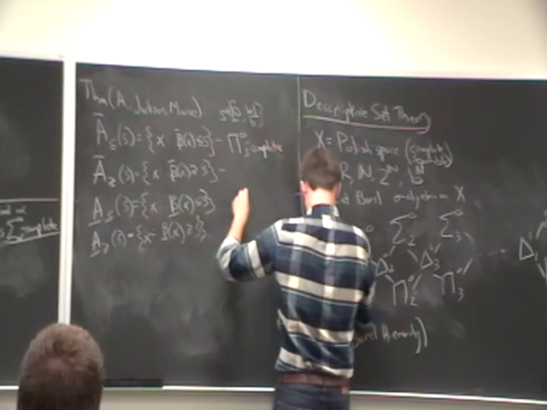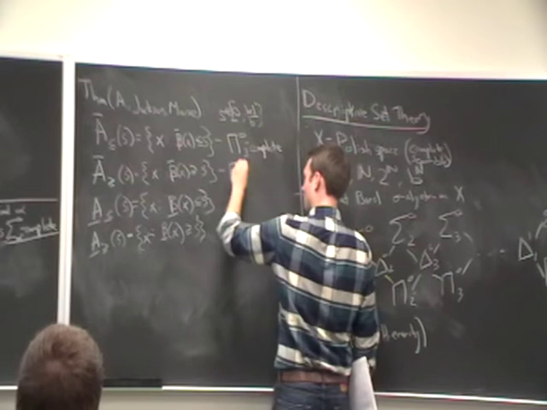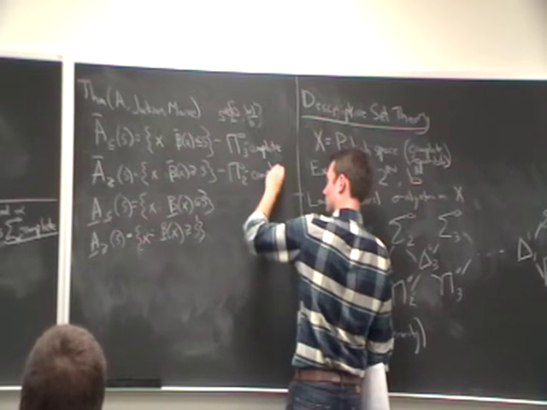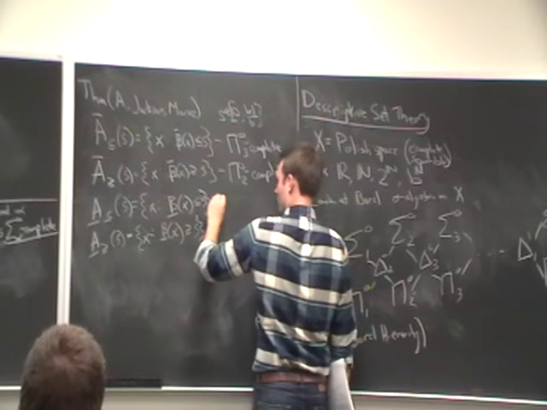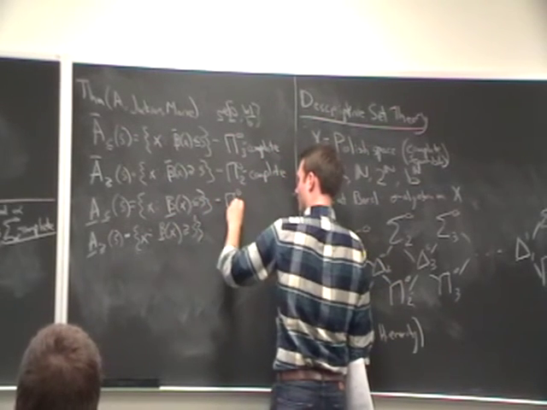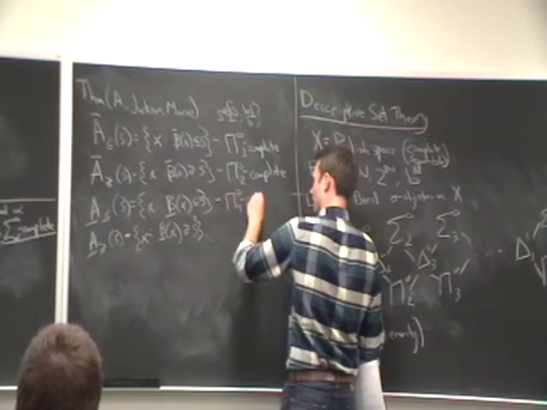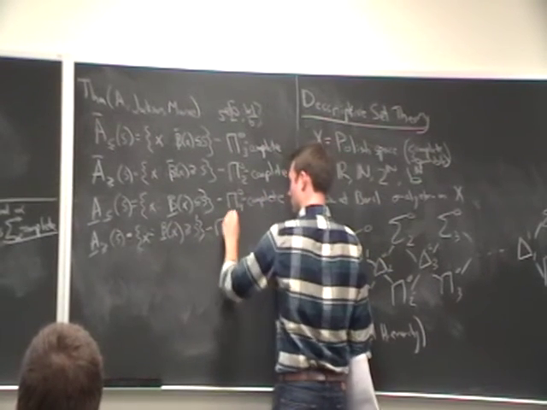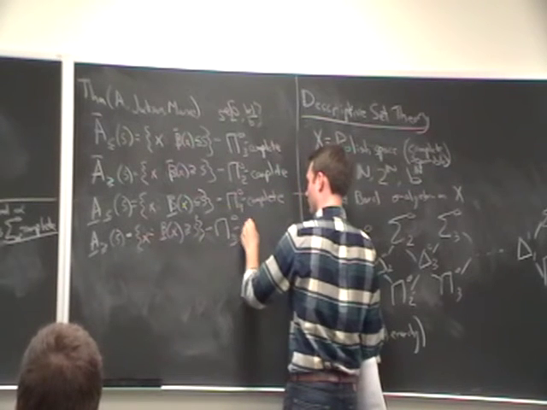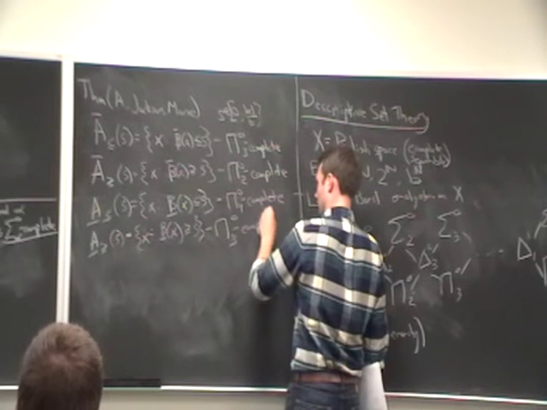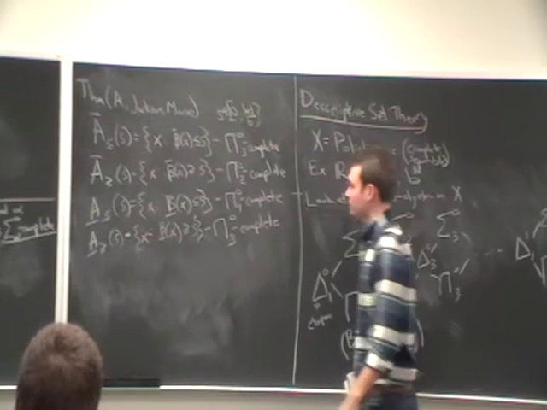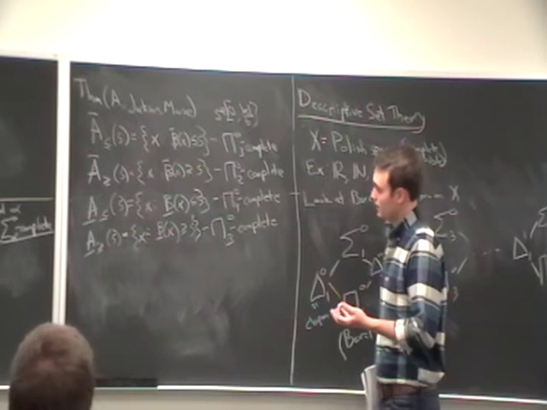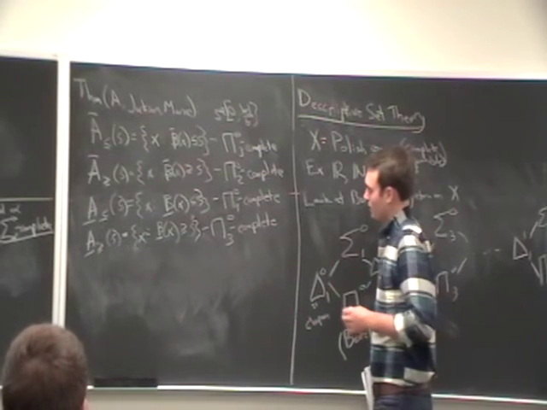This set is Pi^0_2 complete. Right here is Pi^0_4 complete, and this is Pi^0_3 complete. Okay. So before I get on to some of the implications of this theorem, I just want to comment on it a bit.